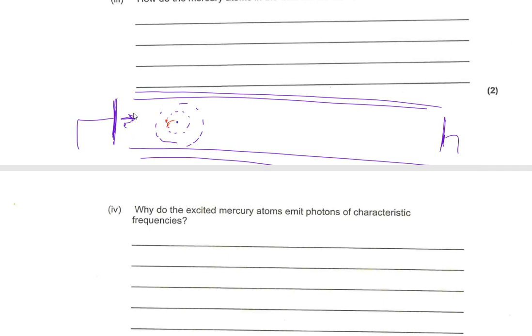So this guy will collide with the electrons inside the atoms, and this will cause the electrons in the atoms to move up energy levels. And then once moved up, it is excited, and then it wants to de-excite. So when it de-excites, it goes down, and this will emit a photon.